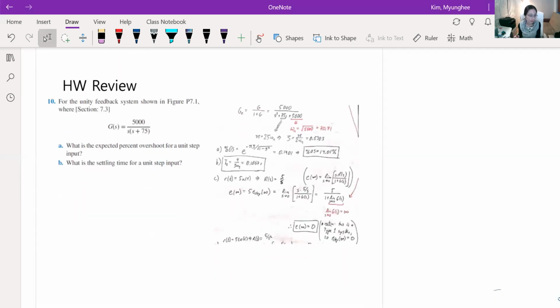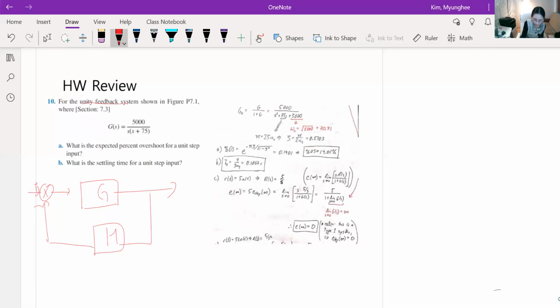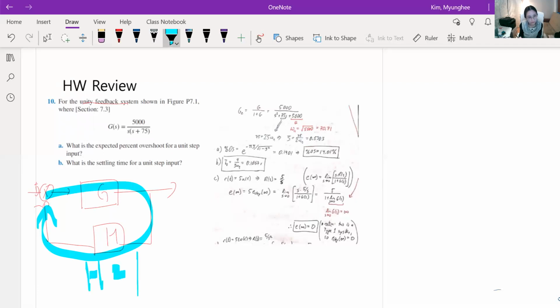So for the homework, we review homework 7.10, which asks about a unit feedback control system. That means there is a G and then an H. So this is a feedback control system with H equals 1, which is called a unit feedback system.